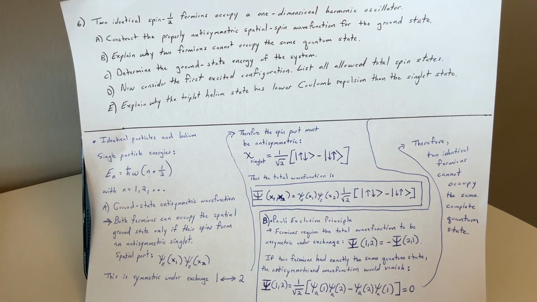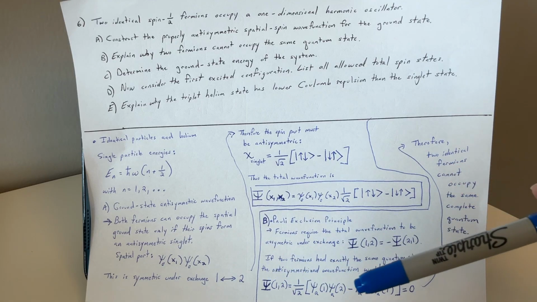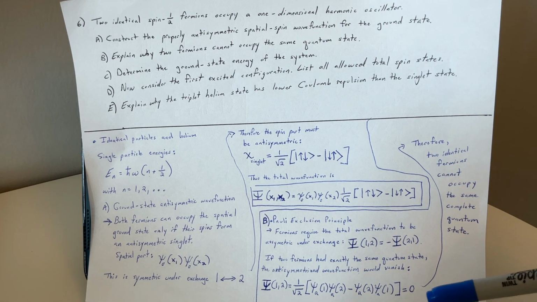So if two fermions had exactly the same quantum state, the anti-symmetrized wave function would vanish. So this, okay, is going to become 0. And we could say, therefore, two identical fermions cannot occupy the same complete quantum state. Okay? So that takes care of letter B.